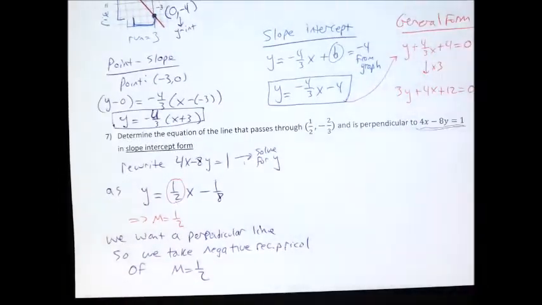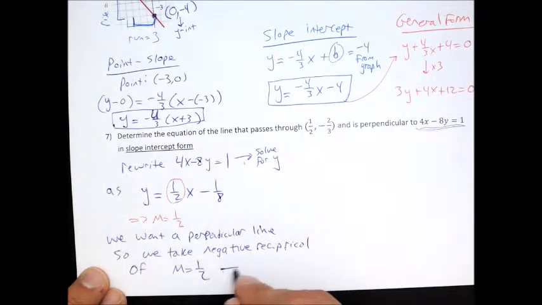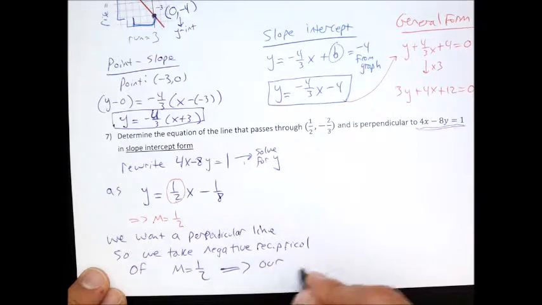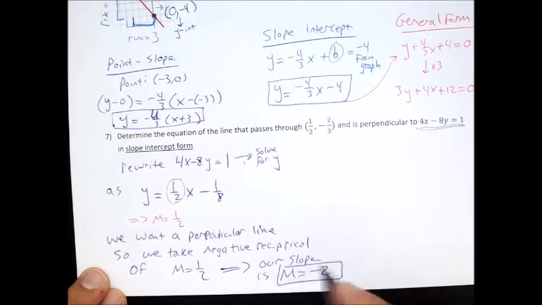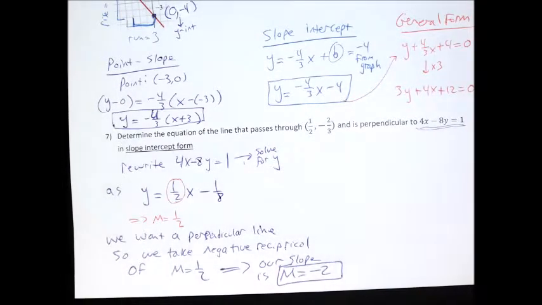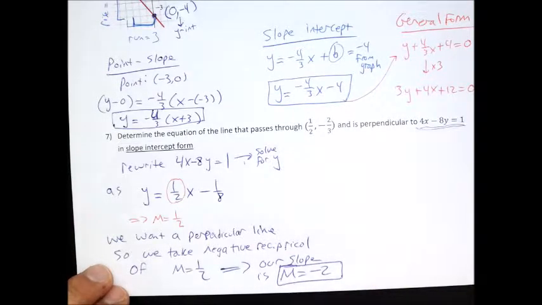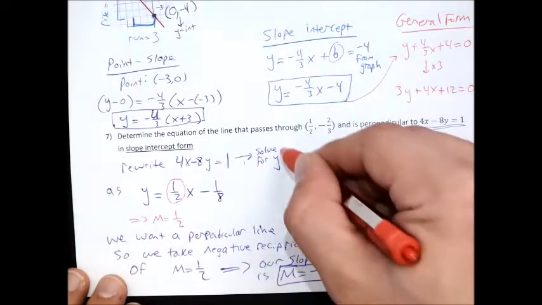The negative reciprocal means you flip the fraction upside down and also multiply by a negative, right? And so then our slope is m equals minus 2. Right, we flip 1/2 upside down and multiply by negative, and it becomes 2 over 1 with a negative. Is that okay so far?